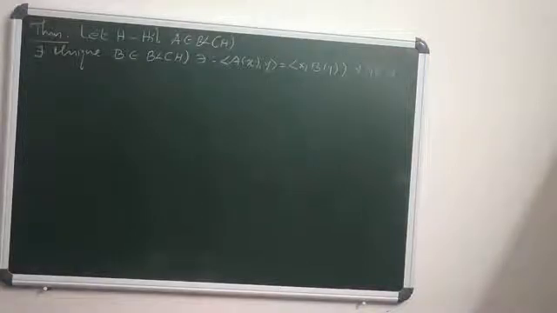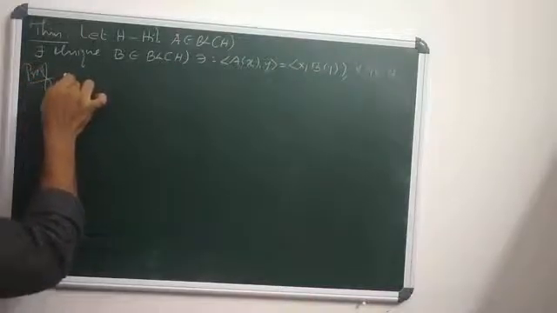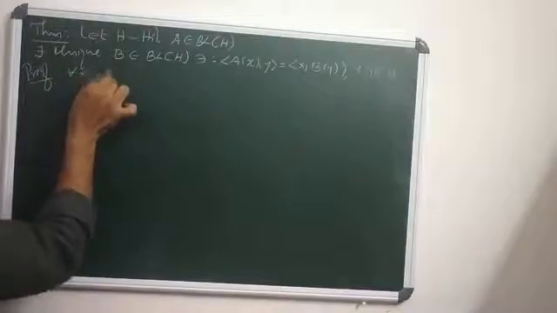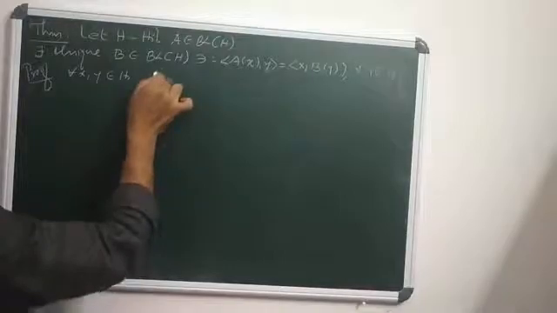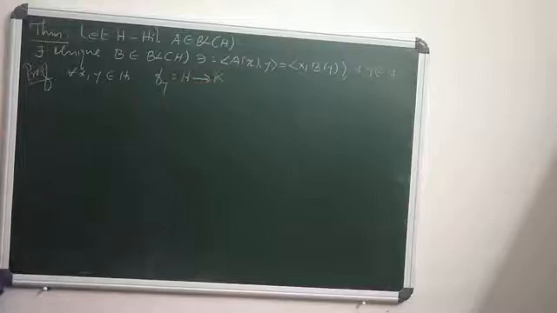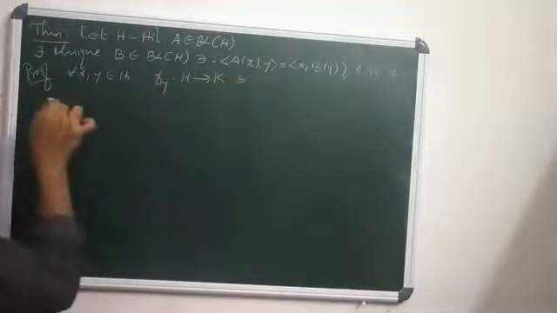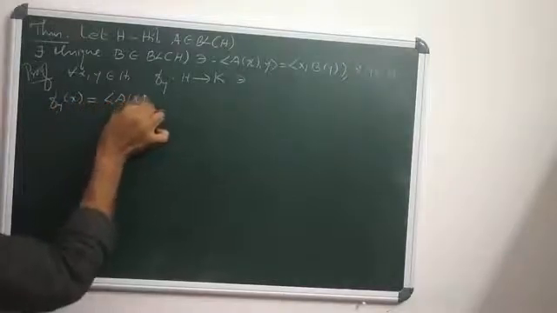H is a Hilbert space, a complete inner product space, and A is in B(H). So its proof is as follows. For all x, y in H, consider F_y. Define a linear function F_y from H to K such that F_y(x) equals the inner product <Ax, y>.